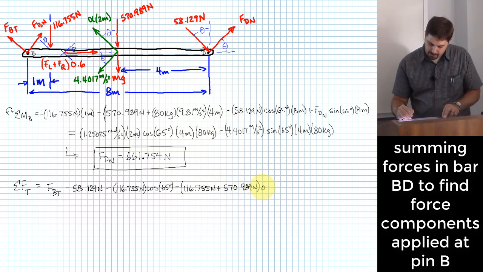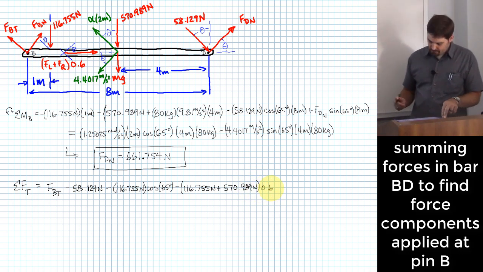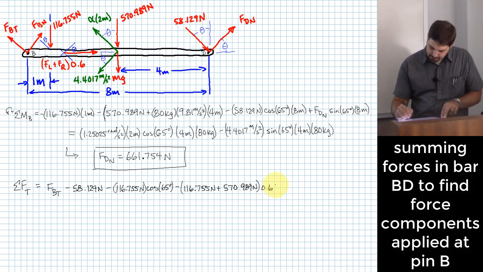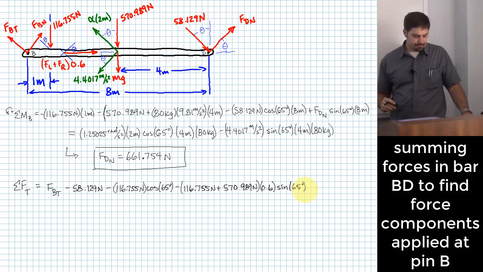All this multiplied by 0.6. All right, and then that multiplied by what? Sine of 65 degrees.